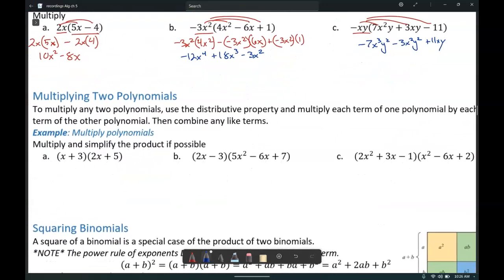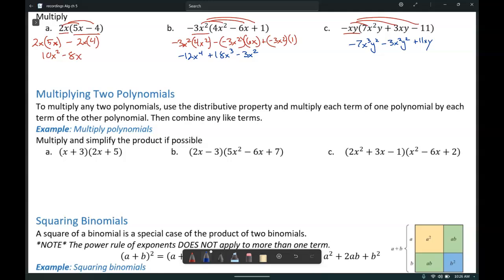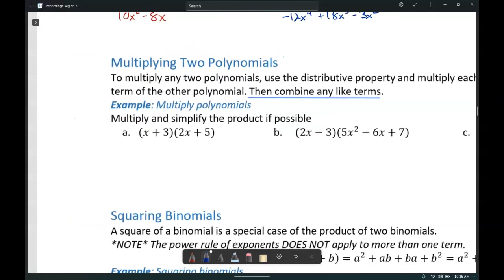Then when we want to multiply two polynomials, we will distribute every term in the first polynomial to every term in the second polynomial. And then any like terms we have, we'll want to combine. So x will be multiplied by 2x. X will be multiplied by 5.